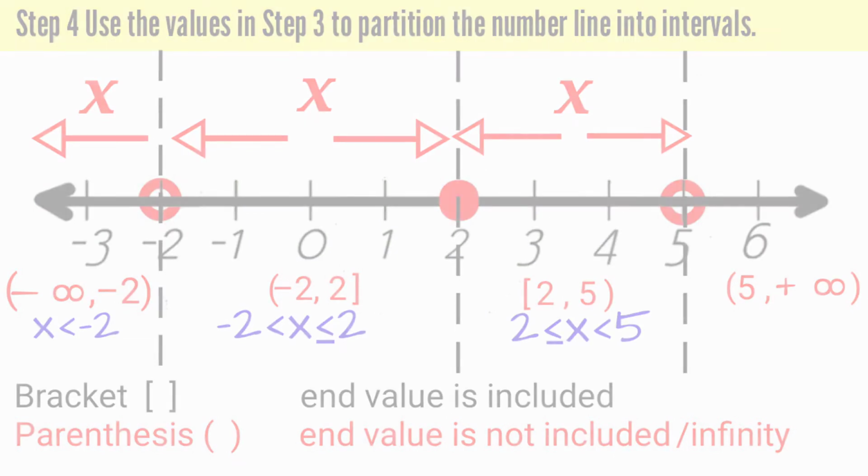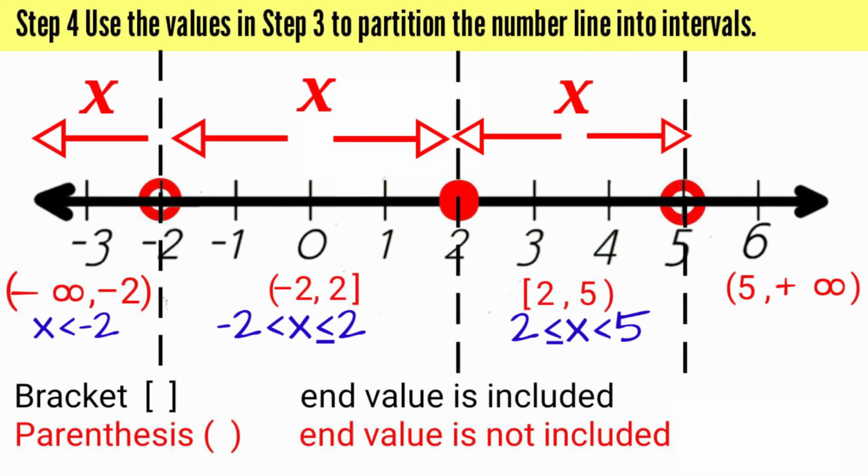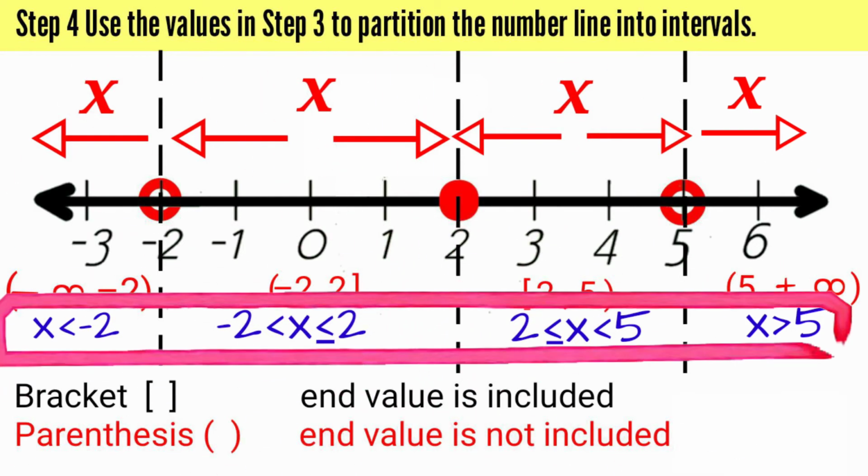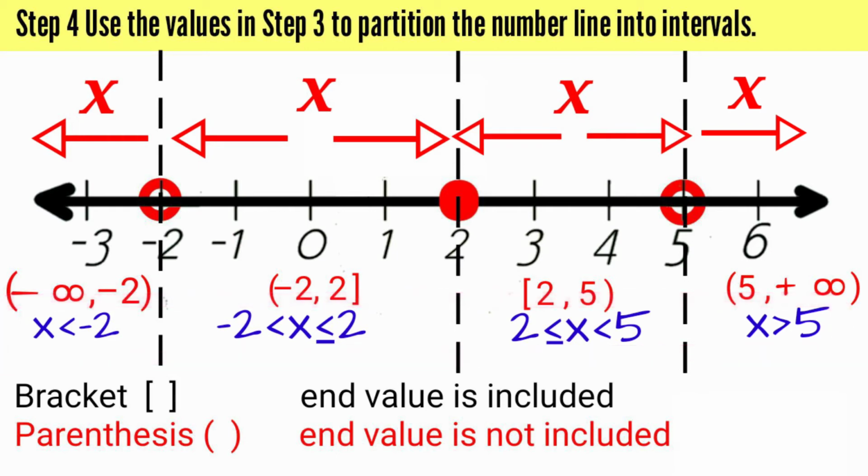Lastly, the inequality notation for the interval 5 to positive infinity is x greater than 5, because any value x to the right of 5 is greater than 5. These are the corresponding inequality notations based on the given intervals.